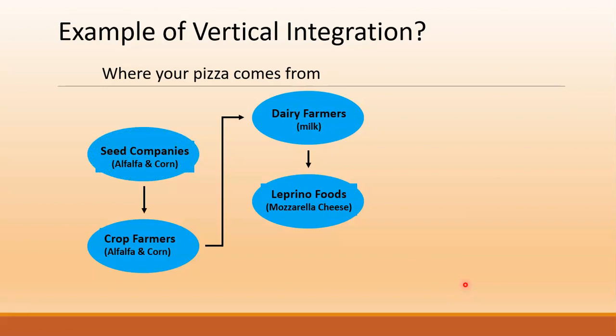Now the crop farmers have to get their supplies or the raw materials from seed companies. Sometimes you go into the farm store or a super center and you see where they're selling Evergrow, and you see where they sell the seeds that you can plant to grow vegetables, etc. So the seed company would make that, and then they would sell it to the crop farmers who actually plant the corn and the alfalfa, and then they sell it to the dairy farmers that have the cows that produce the milk.